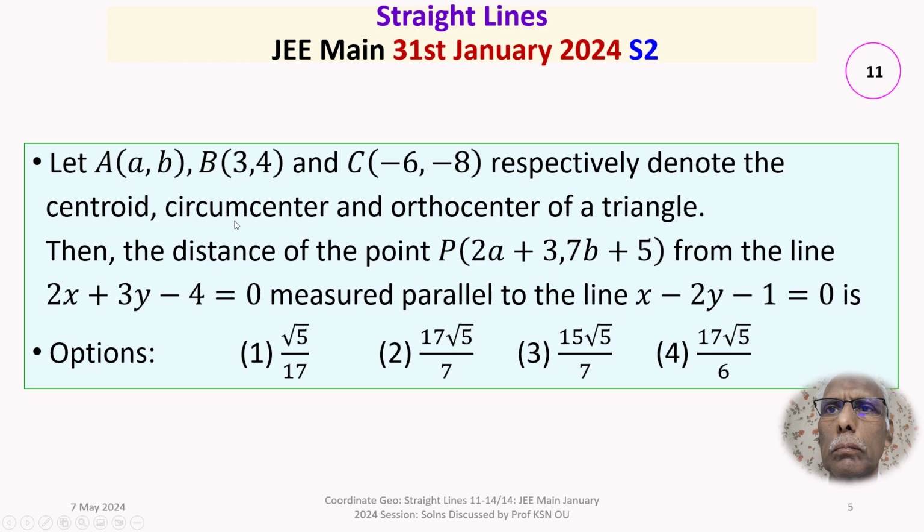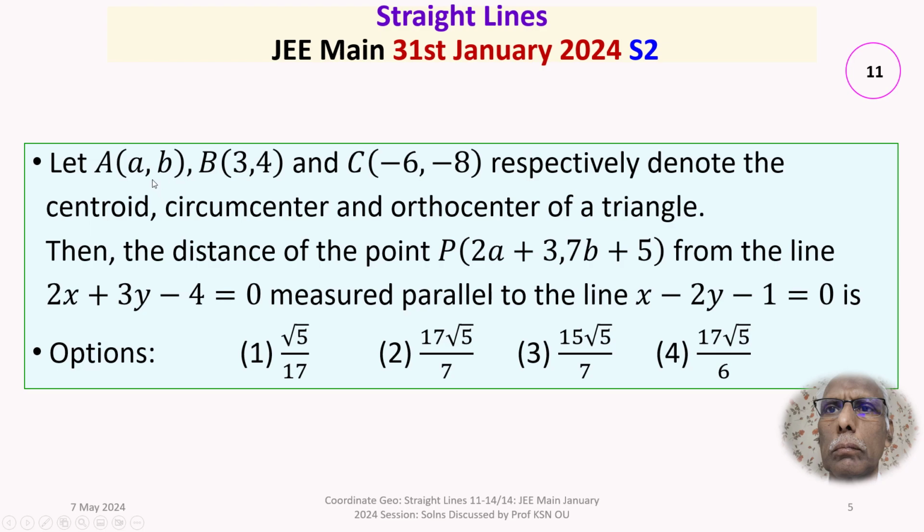We are given 3 points, and we are also given that these 3 points respectively denote the centroid, circumcenter and the orthocenter of a triangle. Then from this information, what you have to find is a and b.